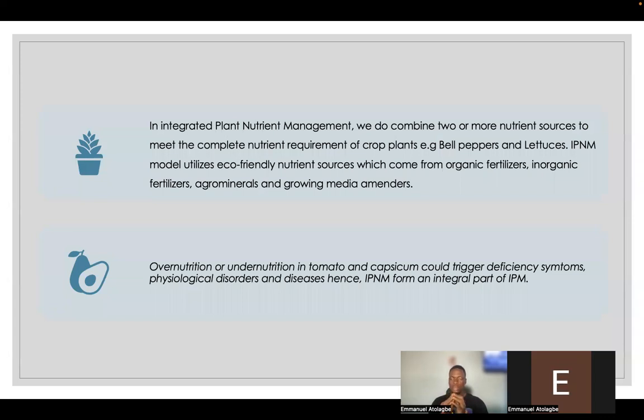In integrated plant management, we are looking for ways to make use of these two together to achieve a particular result. So in this slide, let's go back to the last slide.